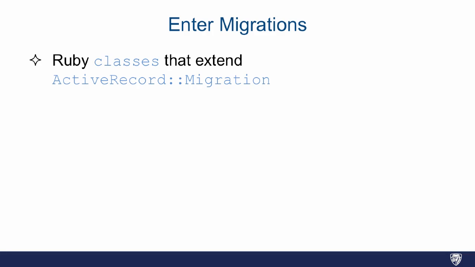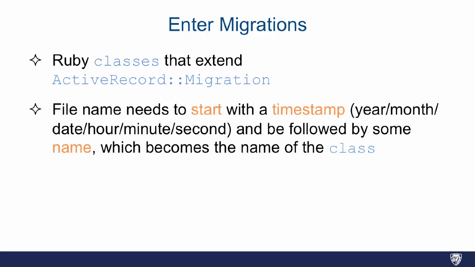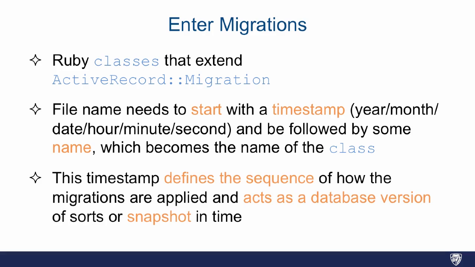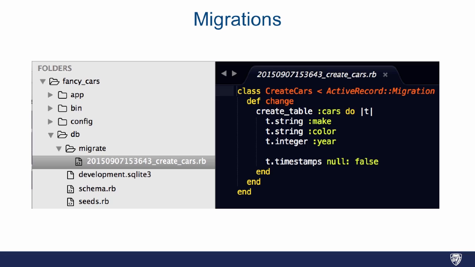And basically what migrations are, they are just Ruby classes that extend a certain base class, Active Record Migration, and basically it ends up being a file that has to start with a timestamp, where the timestamp is year, month, date, hour, minute, second, and it's followed by a certain name of that migration, and that becomes the name of a Ruby class. And then the timestamp defines the sequence and how that migration is applied to a database, and it sort of acts as a database version of sorts.